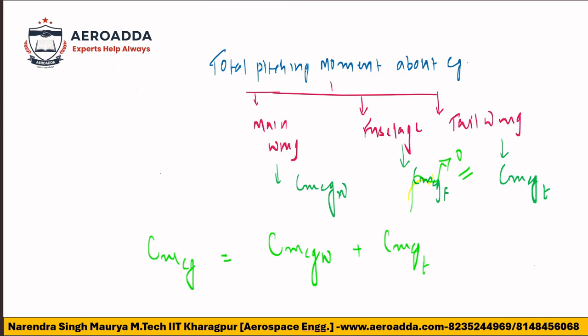Good. Now you see the main equation what you are getting now. So I will write CMCG of the main wing. If you remember, CMAC, the pitching moment coefficient about the aerodynamic center, into CLW, the lift coefficient of the main wing, minus HAC.